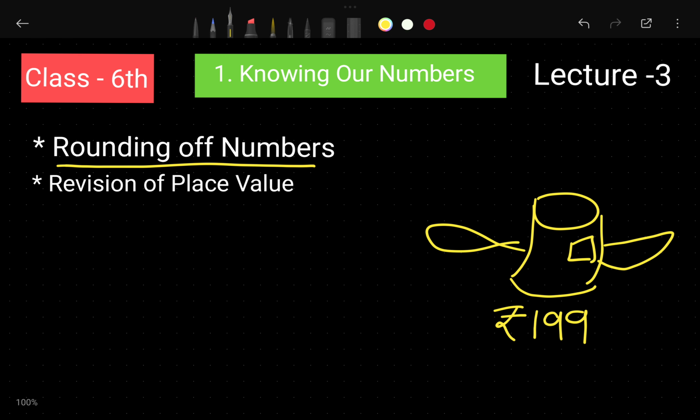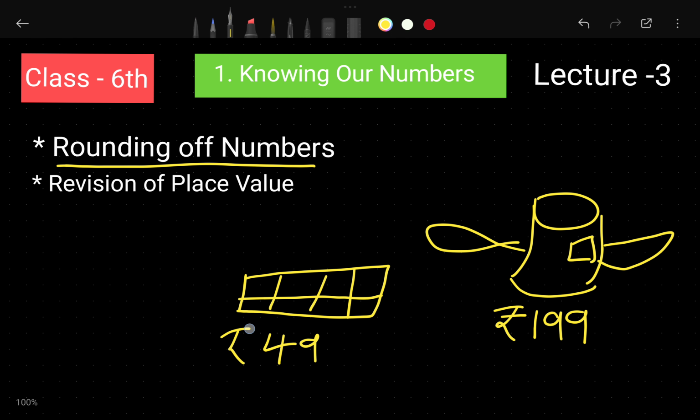Suppose this is a chocolate and its price is 49 rupees. If anyone asks how much you paid, you will not say 49 rupees, you will directly say I bought this chocolate for 50 rupees. So in general life also we are rounding numbers.